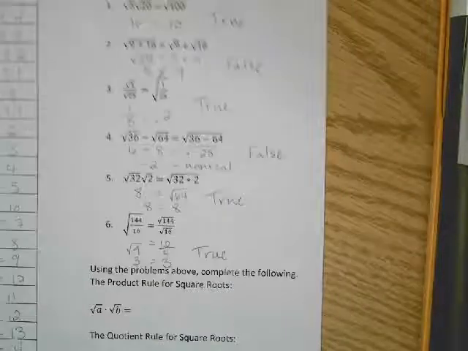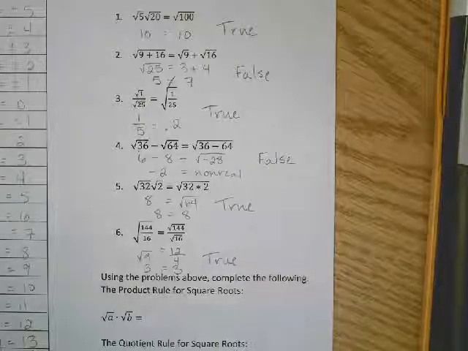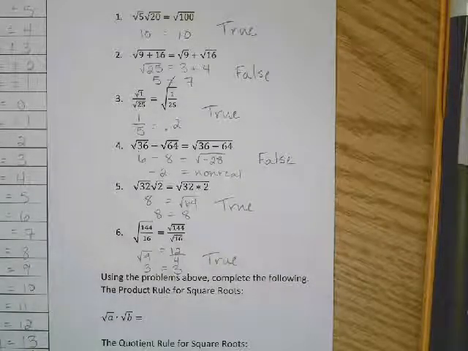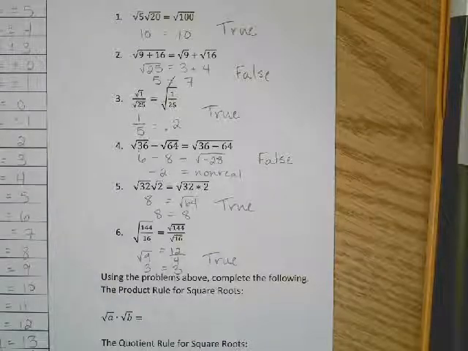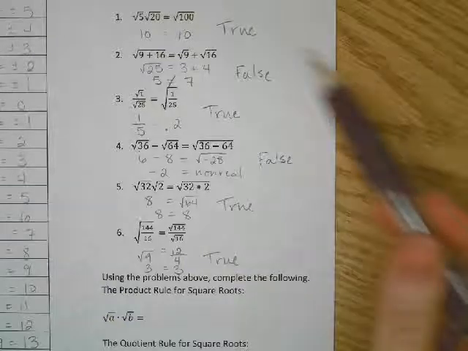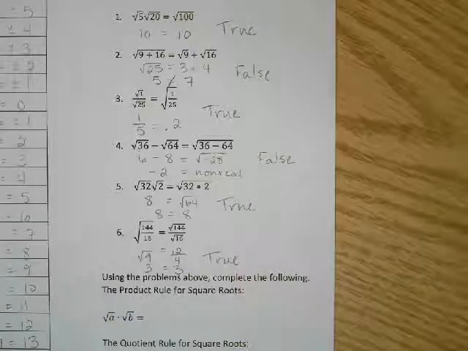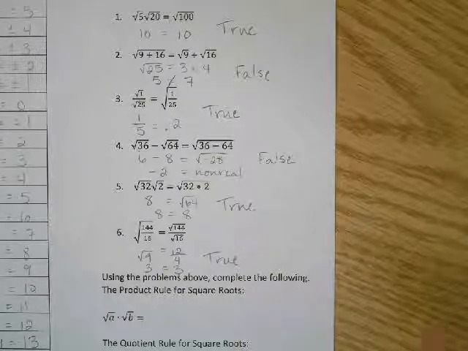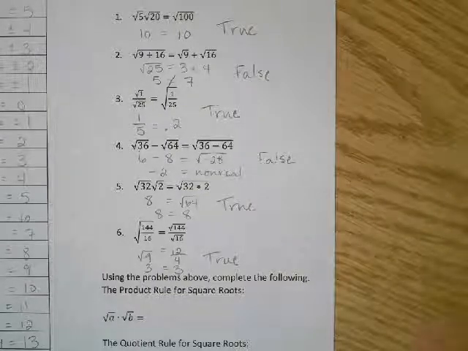What I'm looking for here are some trends. If I look through what is true and what is false, the ones that are coming up false are the ones where I'm adding or subtracting. So when I'm square rooting, I can't just distribute the square root sign the same way that I can when I'm multiplying.